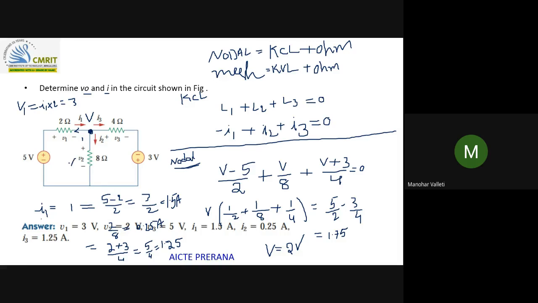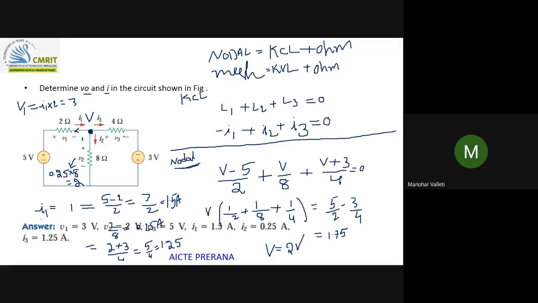Same way V2: I2 multiplied by 8, so I2 is 0.25, 0.25 multiplied by 8, it is 2 volts, right? 0.25 multiplied by 8, 2 volts. In the same way V3 is I3 into 4 ohms.